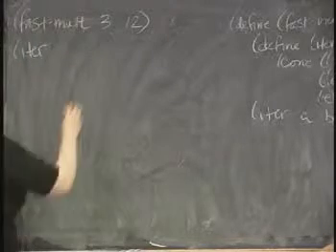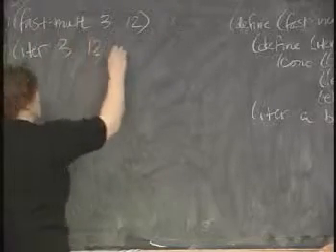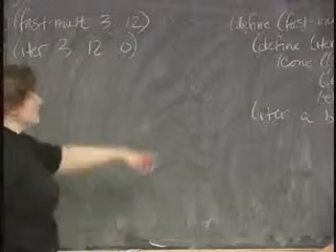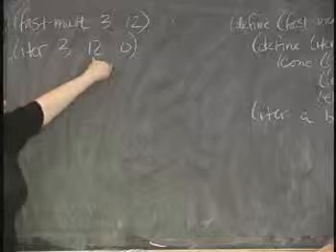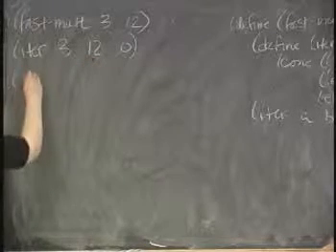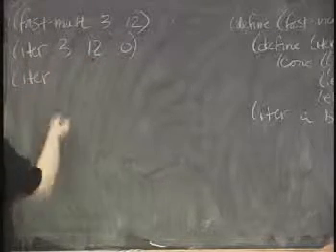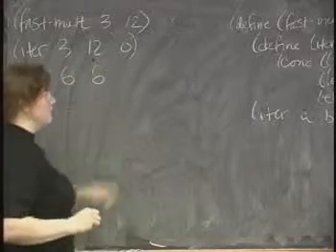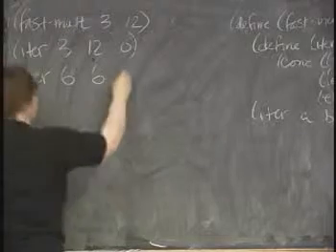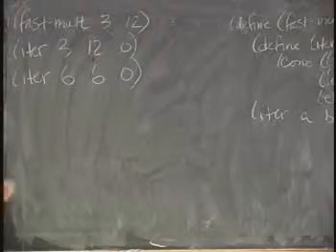Iter on 3, 12, 0. Coming into iter, B is not 0. Is it even? Yes. So we say iter on double A, half B. Do we do anything to result? No. We call iter again.